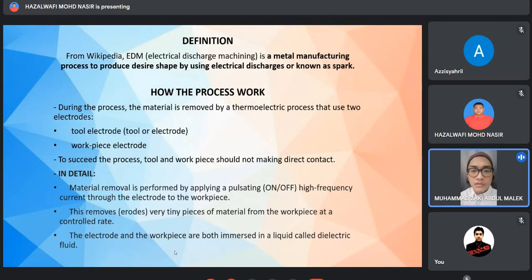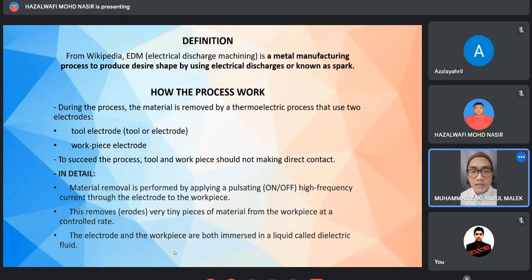How does the process work? During the process, the material is removed by a thermoelectric process that uses two electrodes. The first electrode is known as the tool electrode, and the second electrode can be defined as the workpiece electrode. For the process to succeed, the tool and workpiece should not make direct contact.